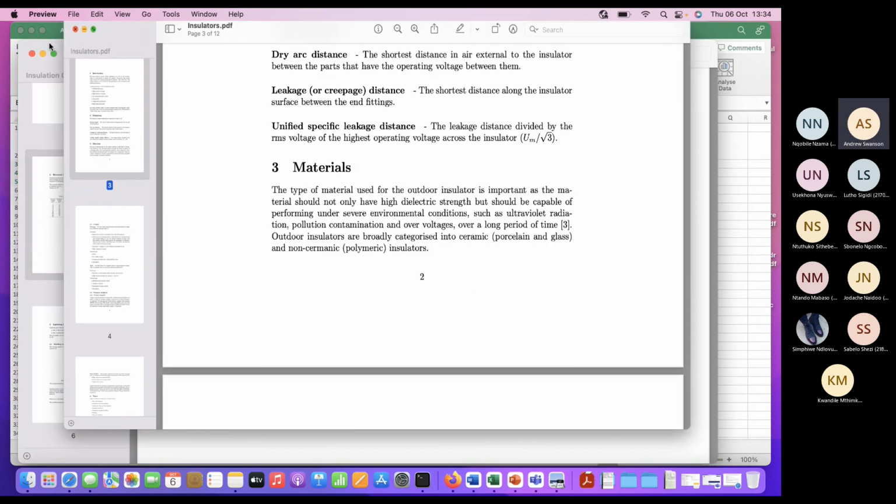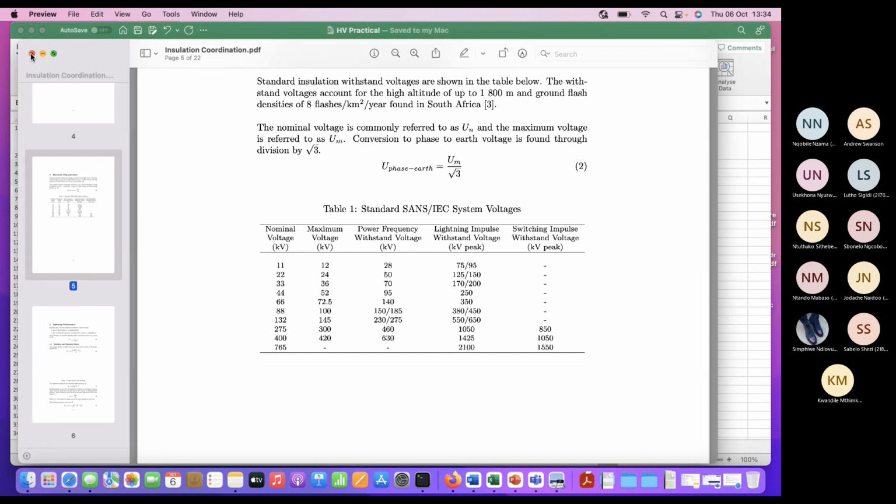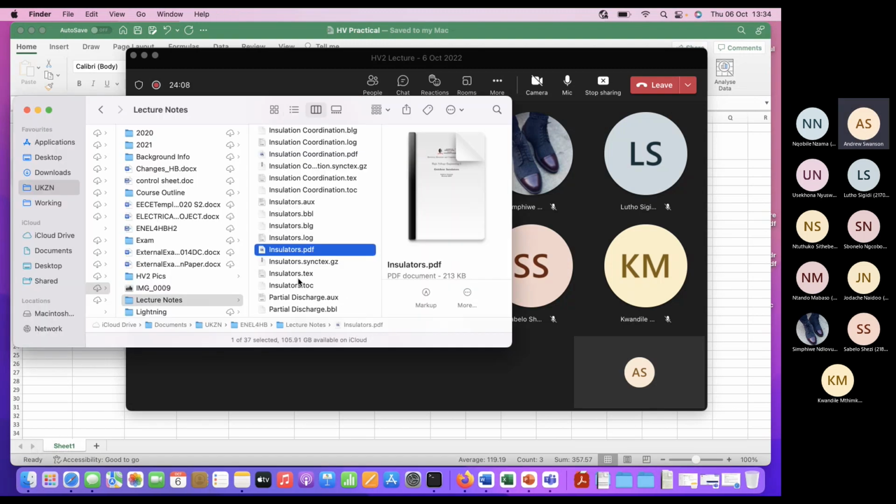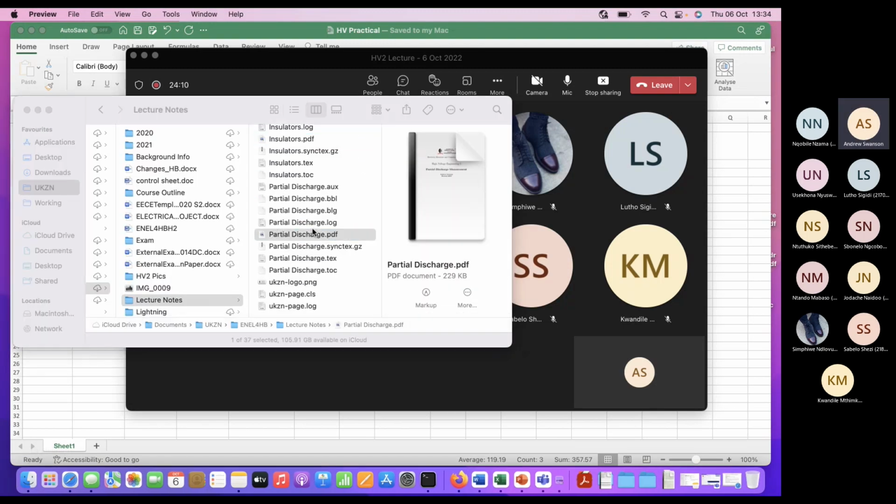All right, so from here, we've covered 3 of the main sections of high voltage, and the remaining section is partial discharge measurement.